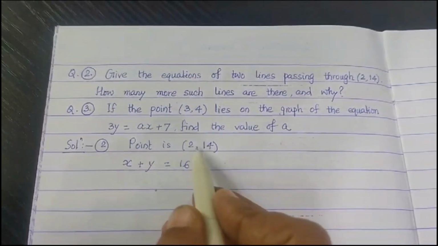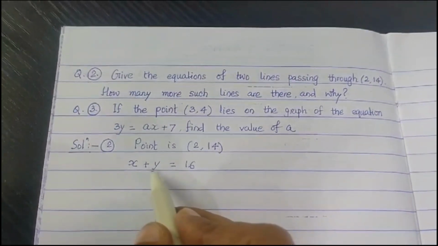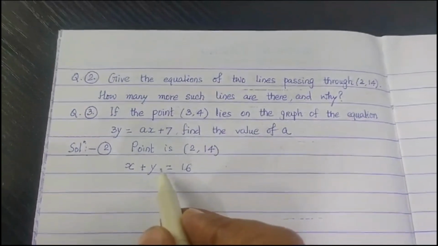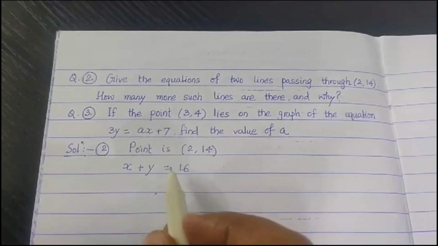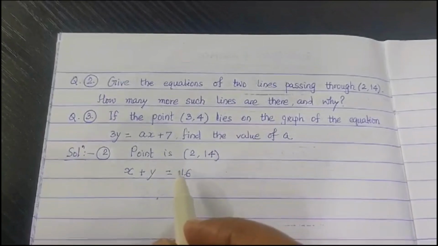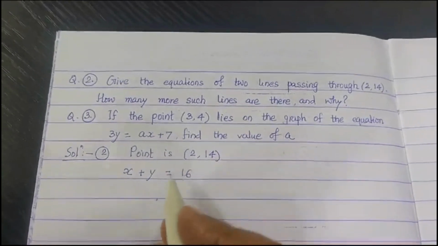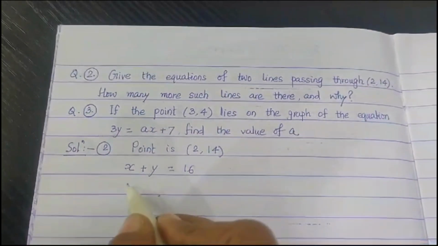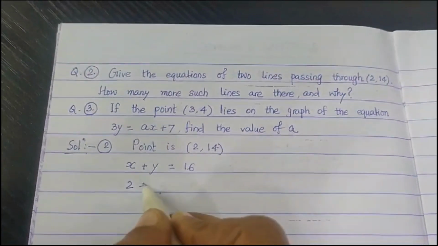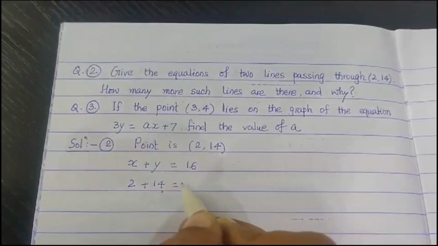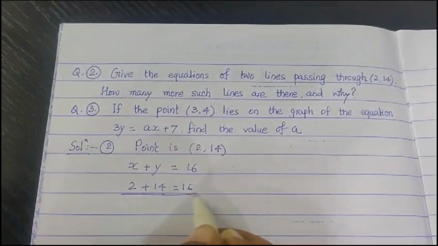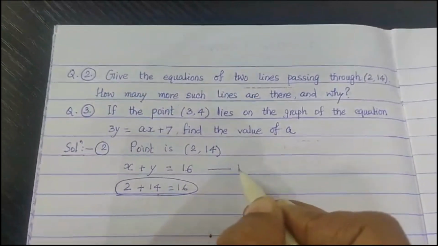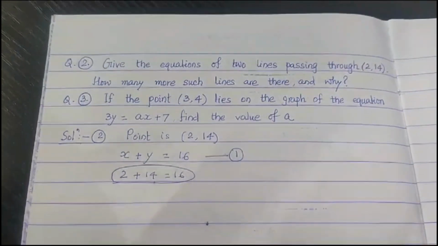If this point satisfies this equation, then this will be an equation of a line passing through this point. Let us check. x is 2 and y is 14, 2 plus 14 equals 16, which means it is satisfying. So this will be the first equation.